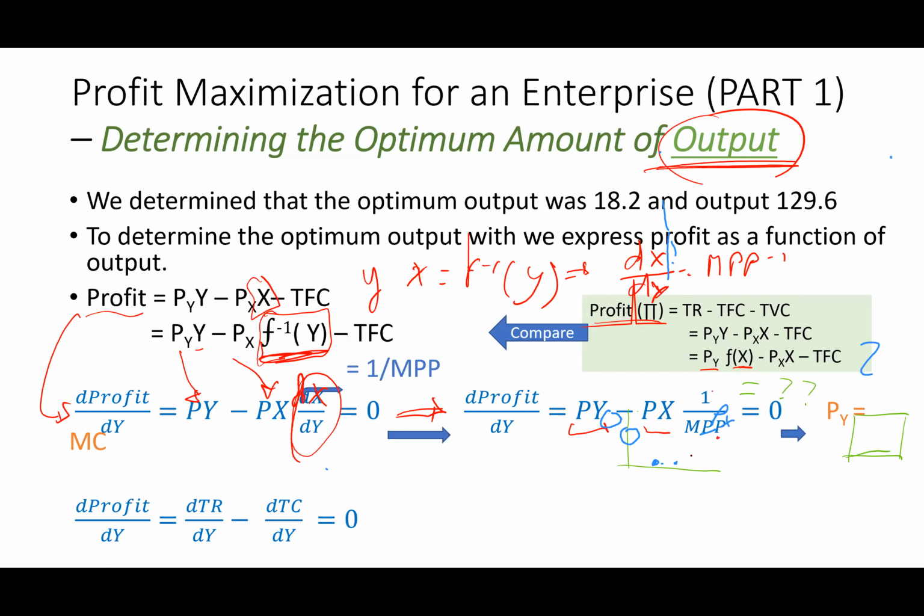Ultimately, the derivative of profit is the derivative of total revenue minus the derivative of total cost.